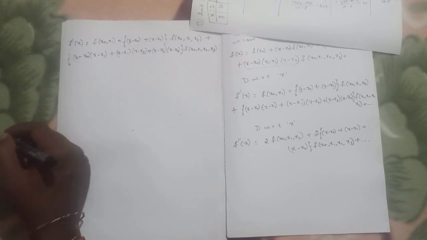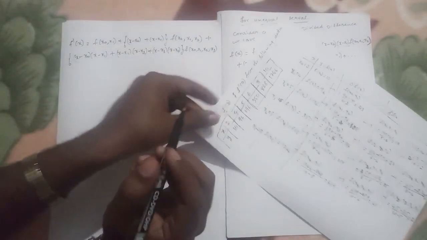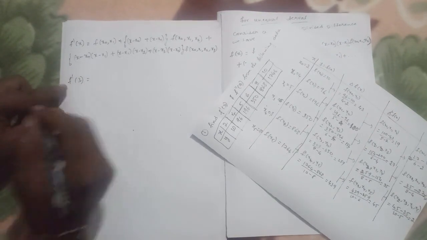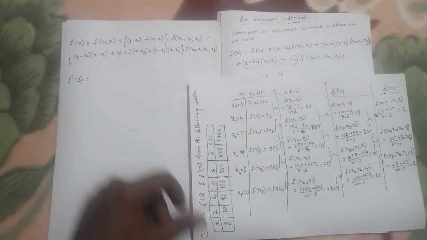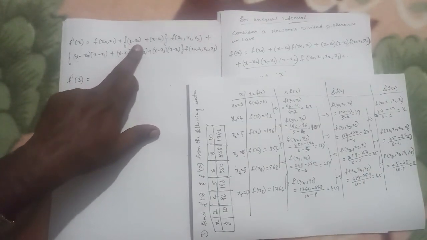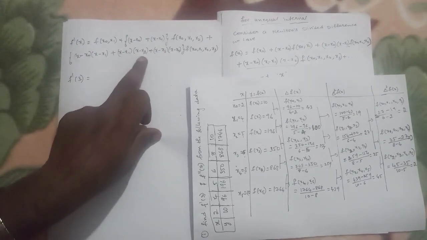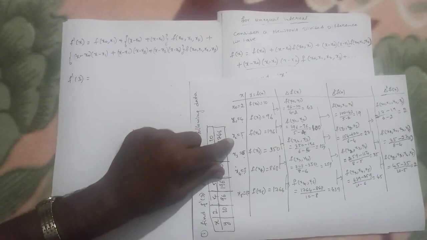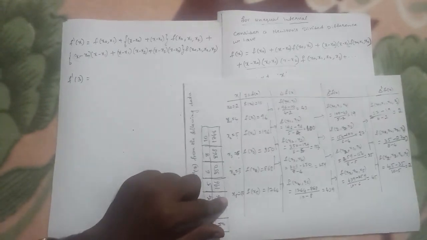So we know all the values. Here what you have to find out? You have to find out f dash of 3. So put x is equal to 3, and here we know the values for x0, x1, x2, x3, x4, x5.